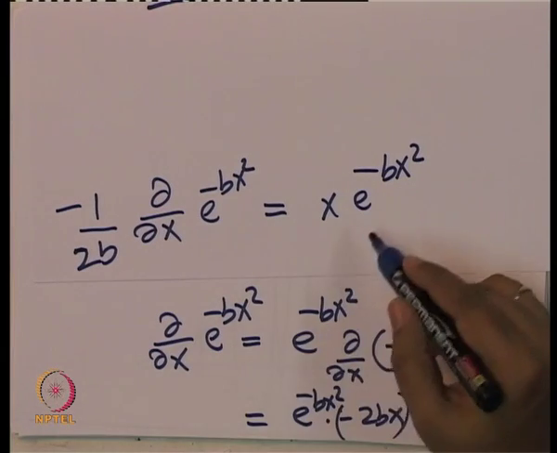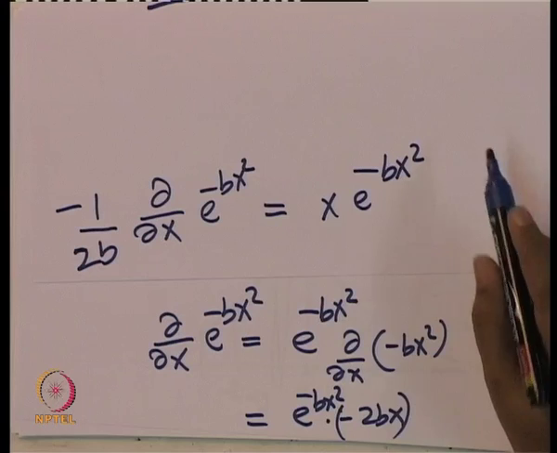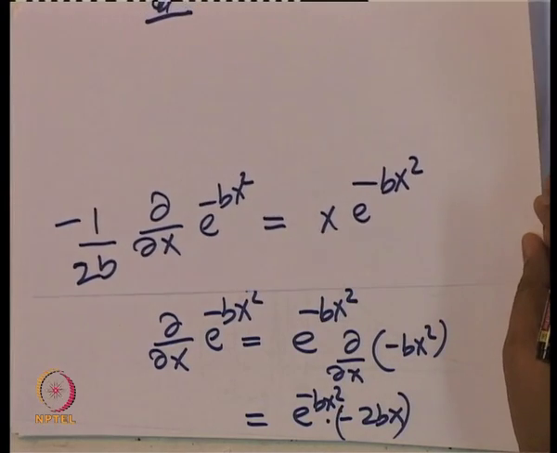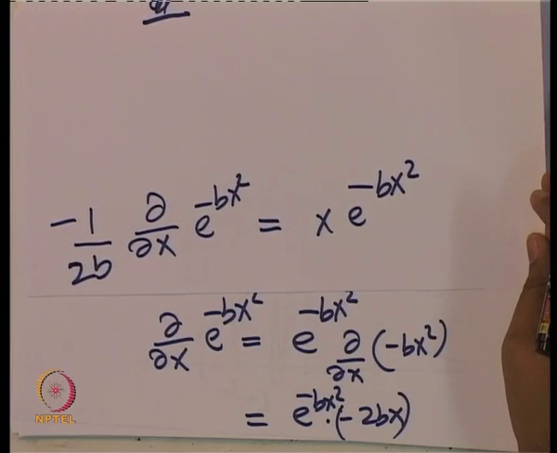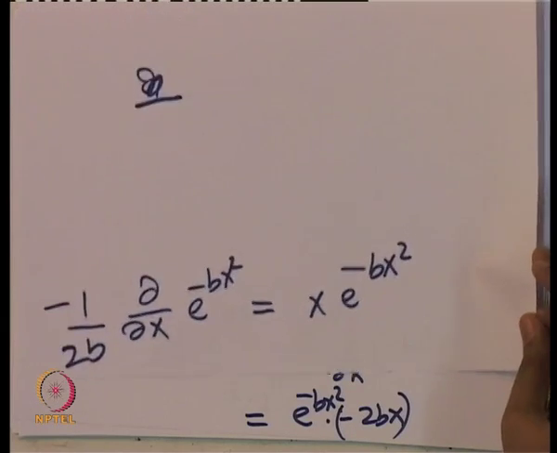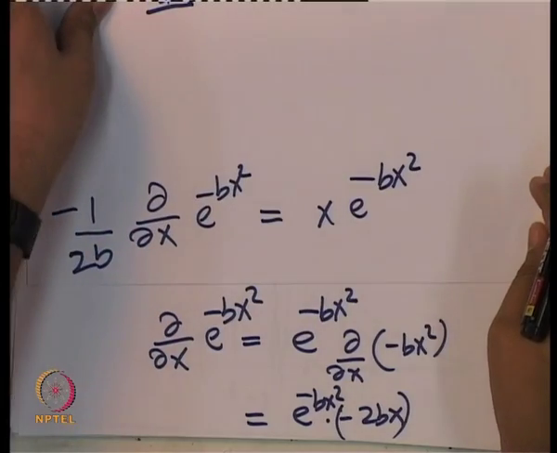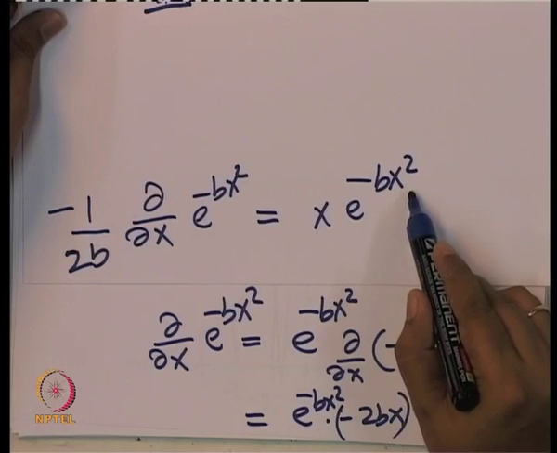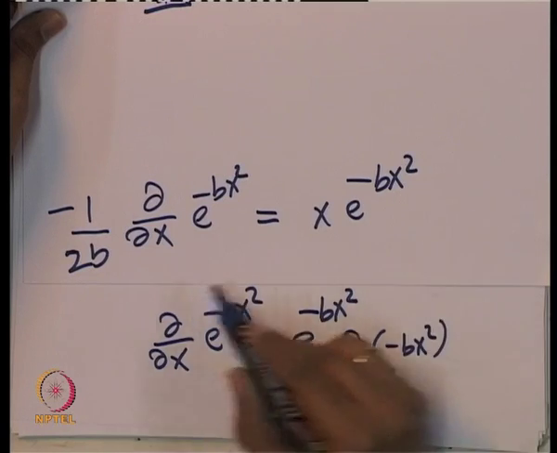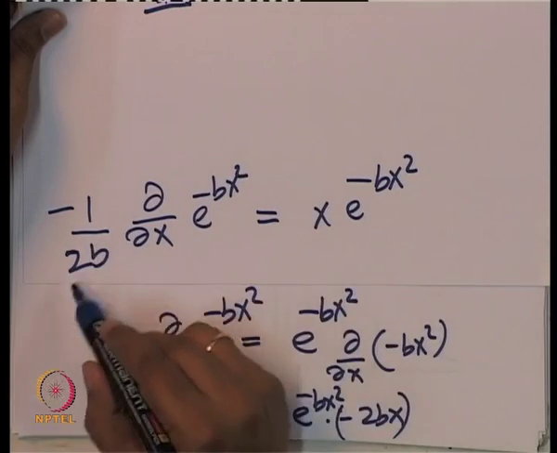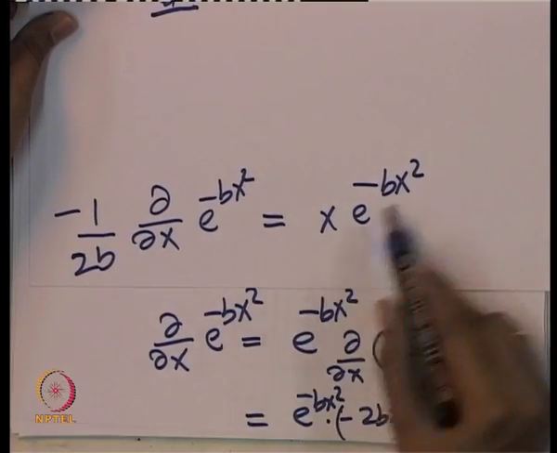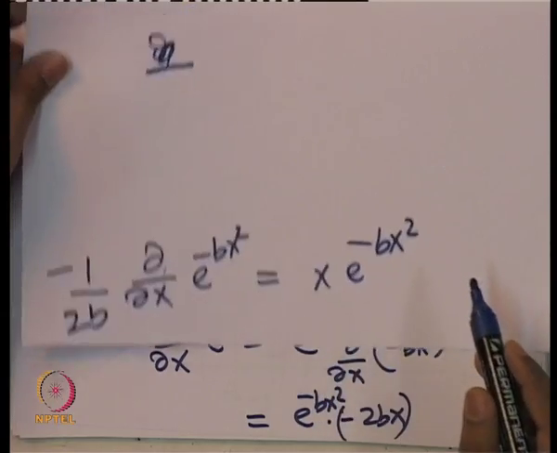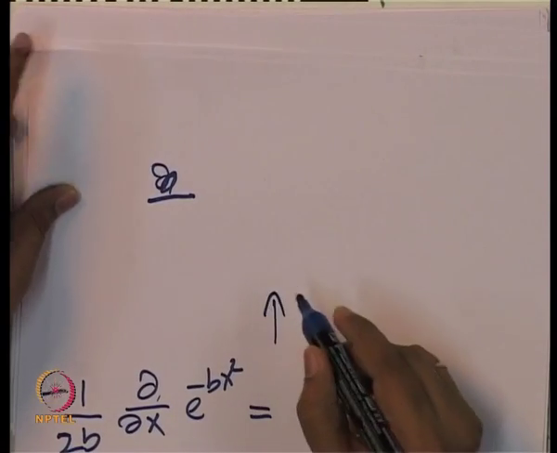You substitute this there and do the integral yourself, and you will find that the answer is indeed 0. I will not do this in full; you can do it yourself by substituting the fact that x e power minus b x square is minus 1 over 2 b del by del x of e power minus b x square. So, let us substitute this here.